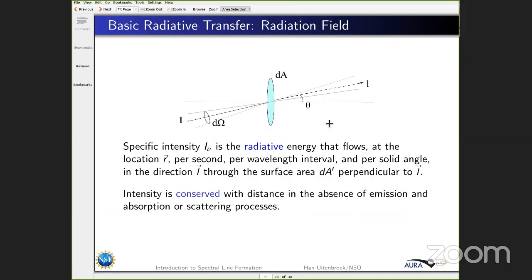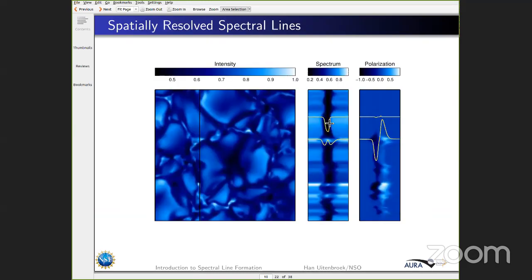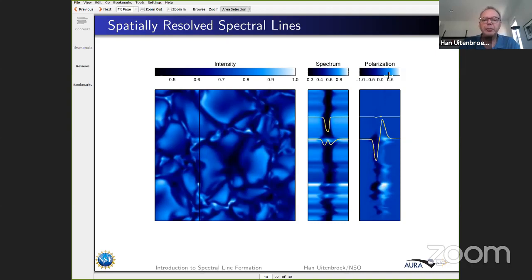Can I pause you for 1 second? Yes. We have a question, I think, on the previous slide. What are the units of the x-axis in the right images? In the right images, this is polarization percentage, so 1% in the circular polarization.